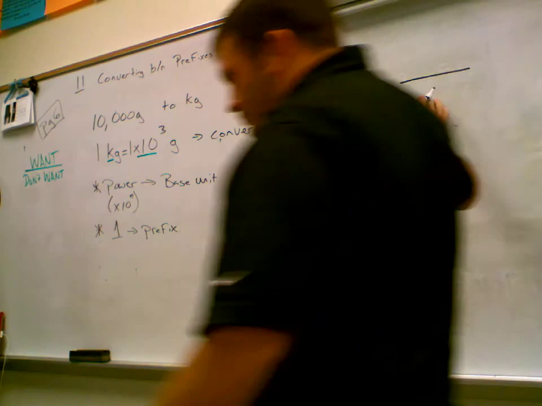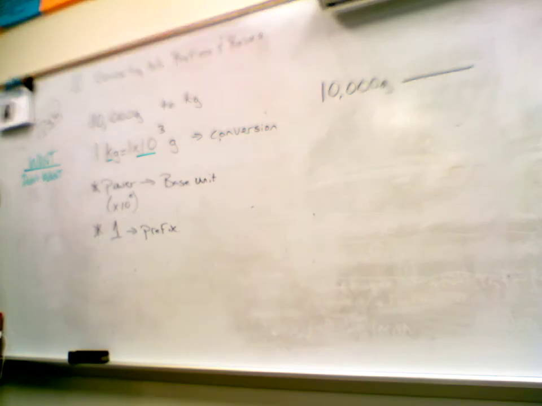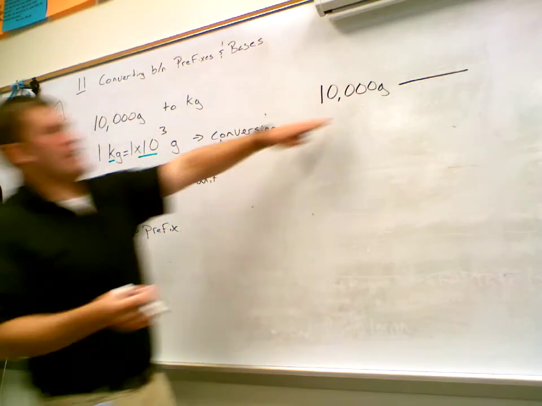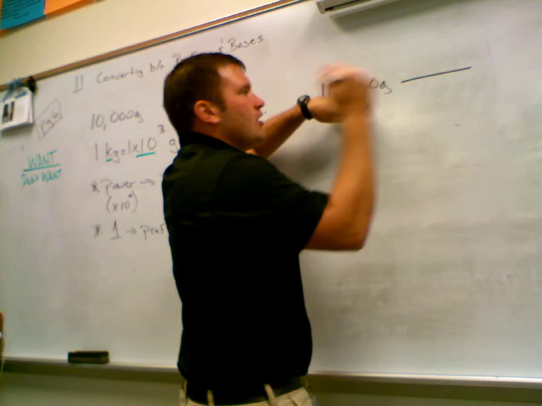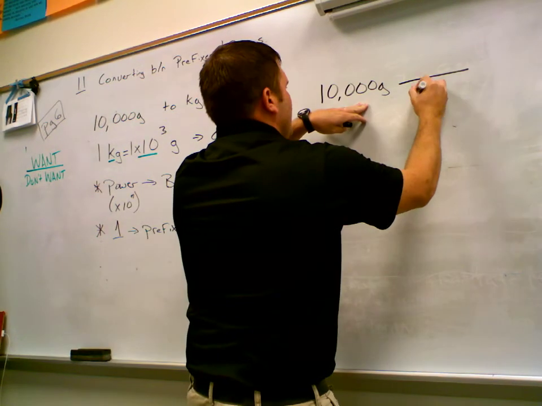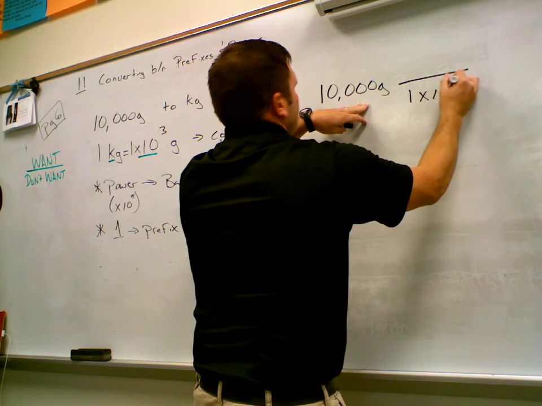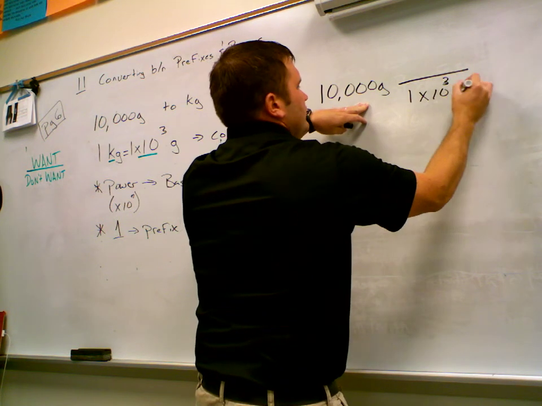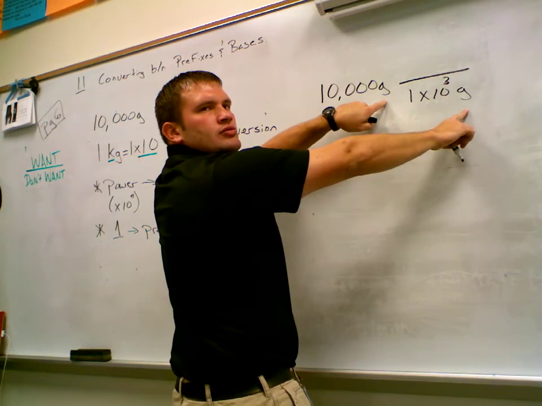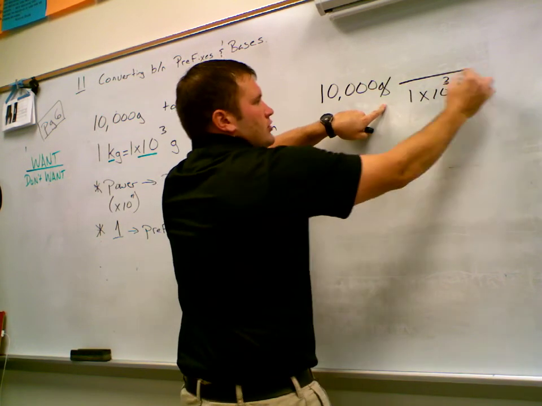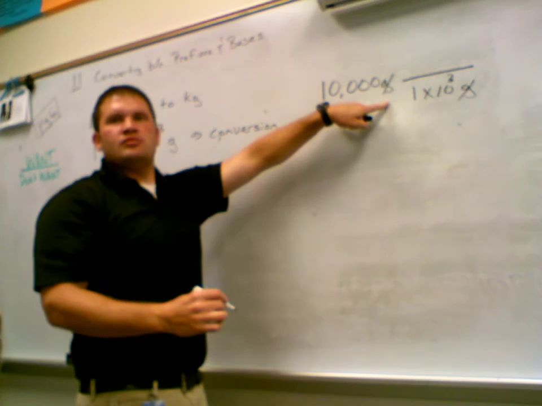Now with fraction bars, the thing that you're trying to get rid of needs to go where in my fraction bar? On the bottom. Because by going on the bottom, what are these going to do? They'll cancel out, won't they?